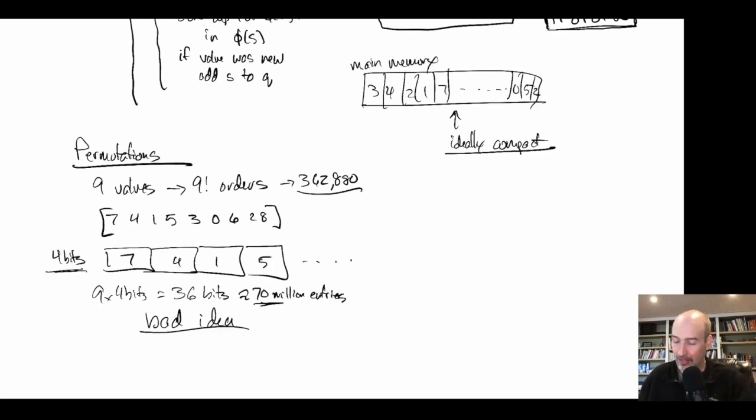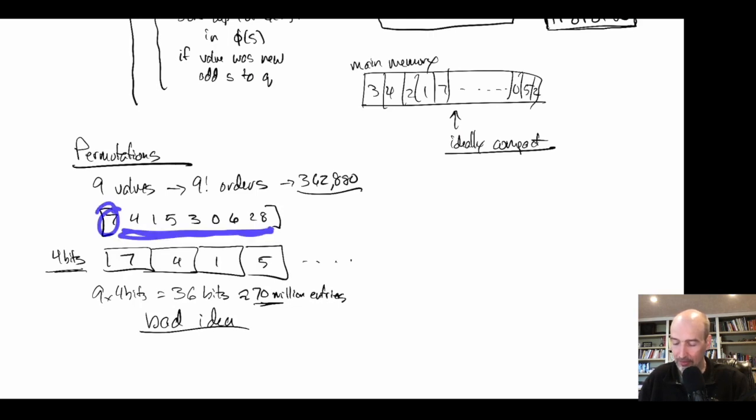So what we have to realize is that when we have a permutation, we want to get into a representation that is actually representing what's going on. And what's going on is that once I've put a 7 in the world, I know that there can't be another 7 here.